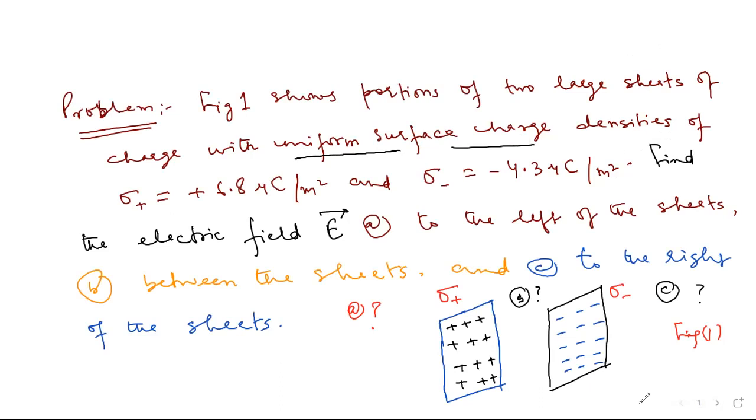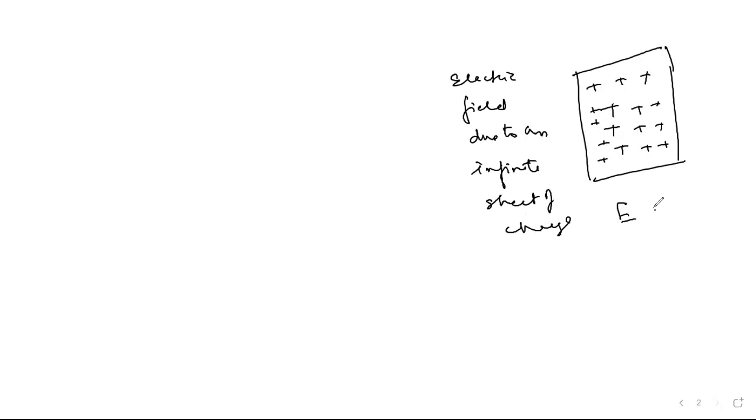That means over the sheet, charge density is constant. Now, you know, the electric field due to an infinite sheet of charge is sigma by 2 epsilon naught.